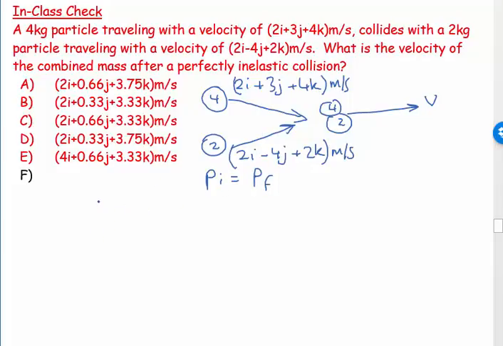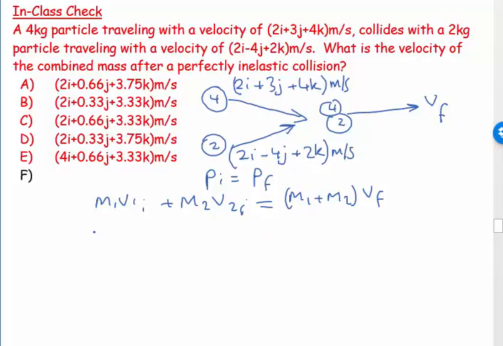And of course our initial momentum is m1 v1 initial plus m2 v2 initial is equal to m1 plus m2 v final. Let's call that v final.